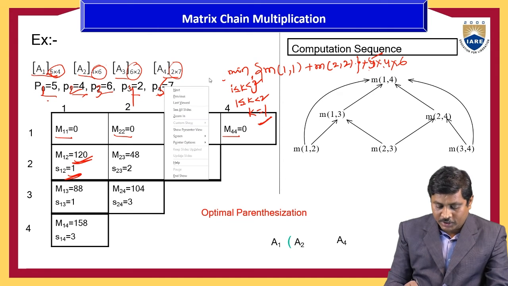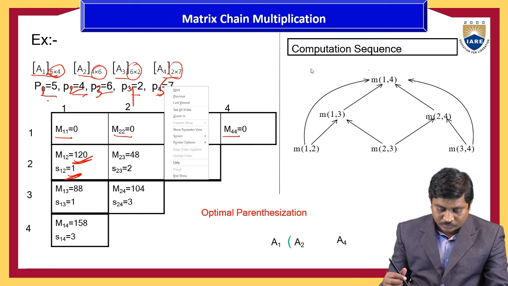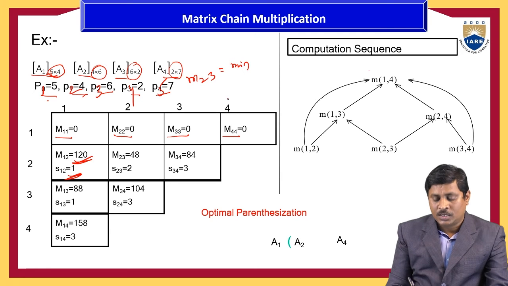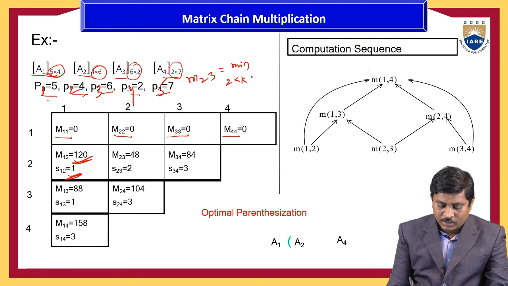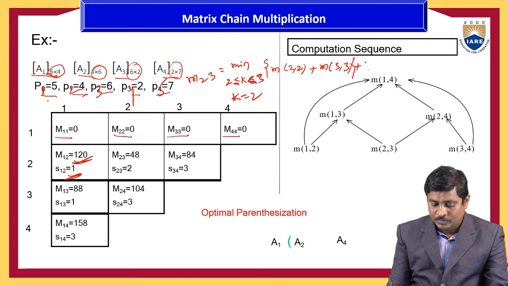Next, M23. M23 equal to minimum, I value 2, 2 less than or equal to K less than 3. Compulsorily we take K equal to 2. So K equal to 2 means here we take M of I,K plus M of K plus 1,J plus Pi.